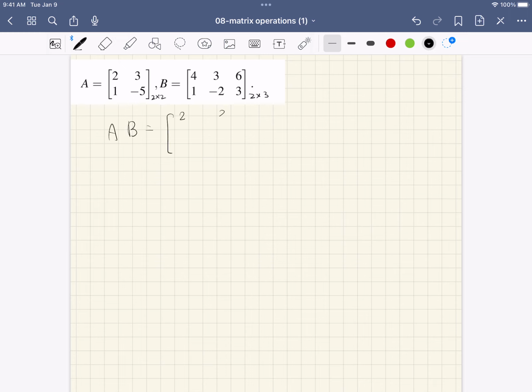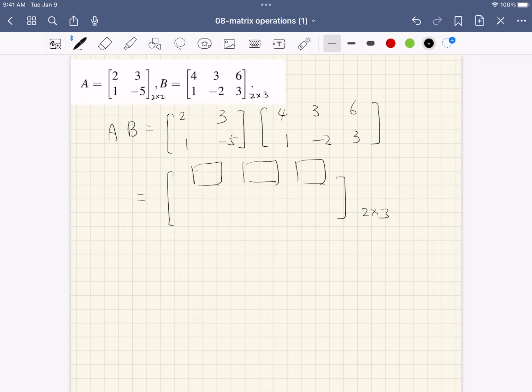A is 2, 3, 1, negative 5, and B is 4, 3, 6, 1, negative 2, 3. So we get a 2 by 3 matrix. This position is first row, first column.